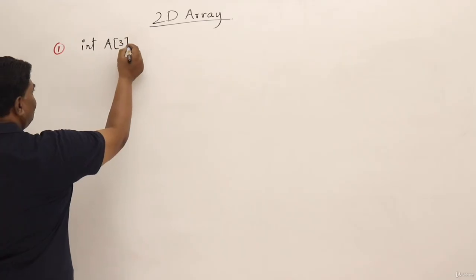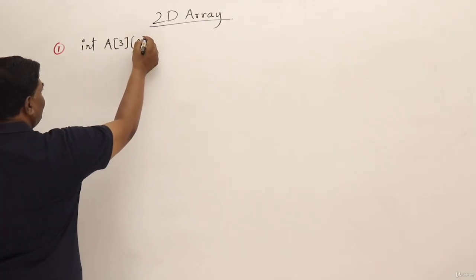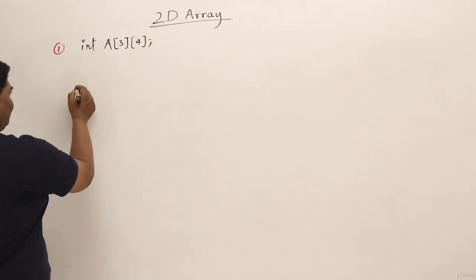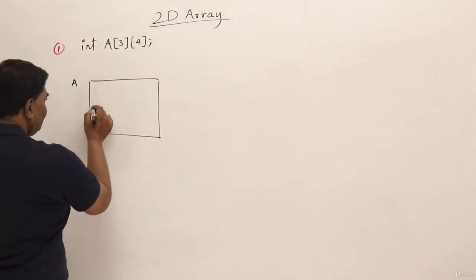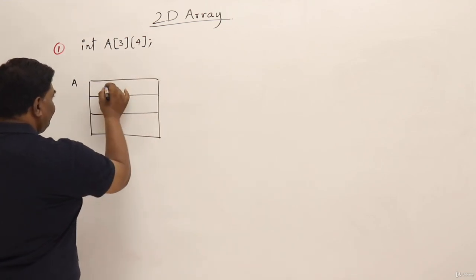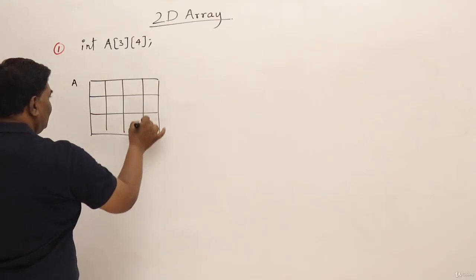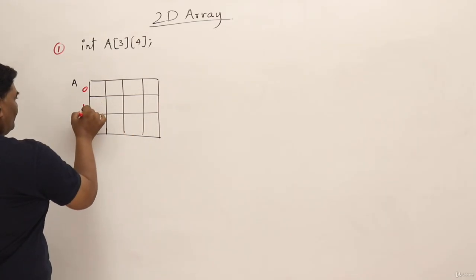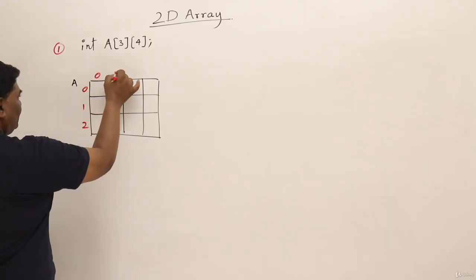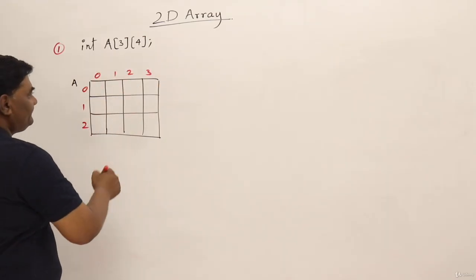Let us say I want an array of size 3 by 4. We visualize that an array of 3 by 4 size will be created inside main memory with 3 rows and 4 columns. The indices will be 0, 1, 2 for rows and 0, 1, 2, 3 for columns.